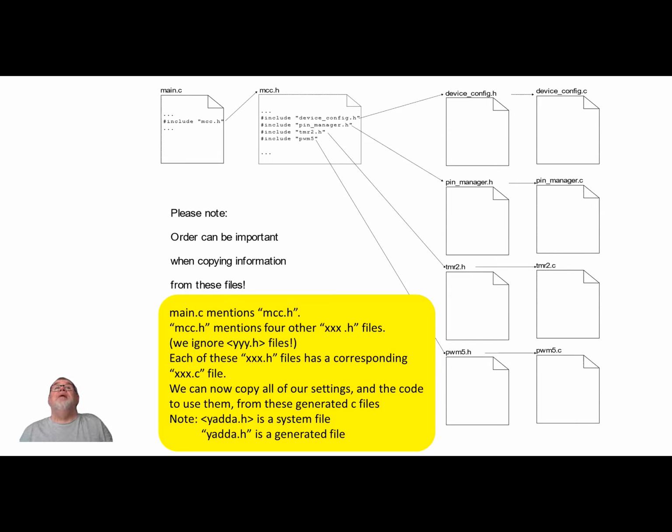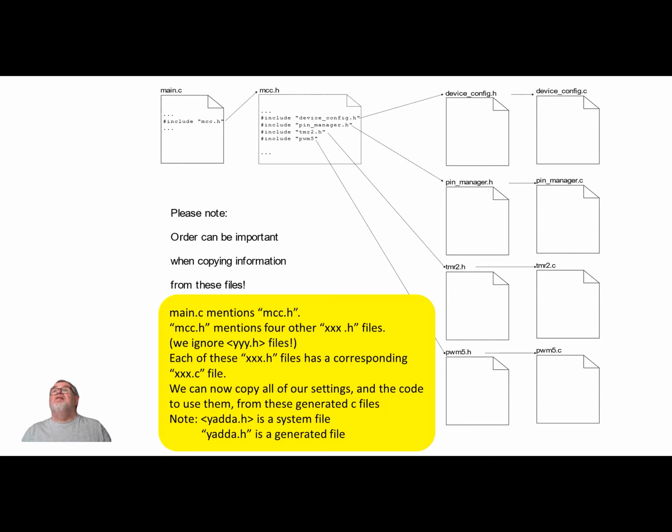If I go into the Microchip configuration tool, it has 4 other includes: the device configuration, the pins, which pins are connected to which peripheral, the timer 2 settings, and the pulse width modulation settings. Each of those files points to another H file, and each of those points to another C file.